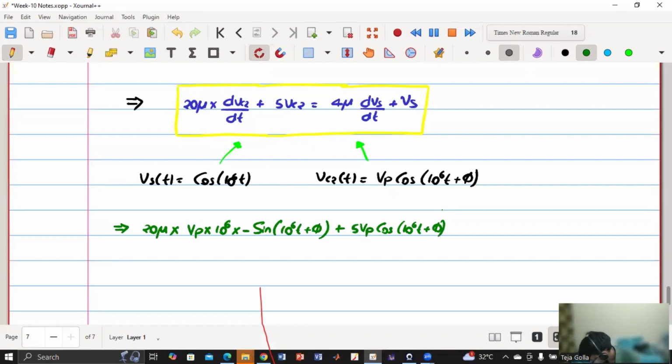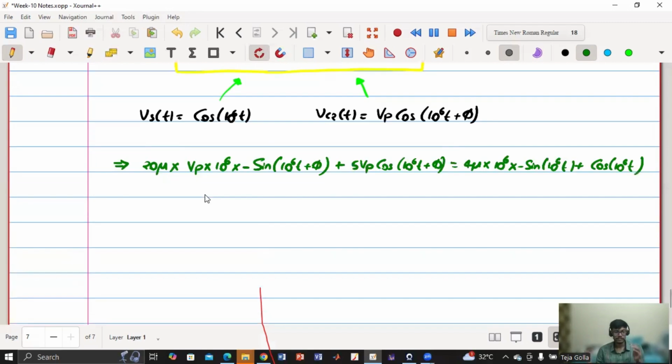And here we have 4 micro into 10 to the power 6 into minus sine 10 to the power 6 t, plus Vs, which is cos 10 to the power 6 t. Agree? Or did I make any mistake? Please let me know. I hope everything is fine.